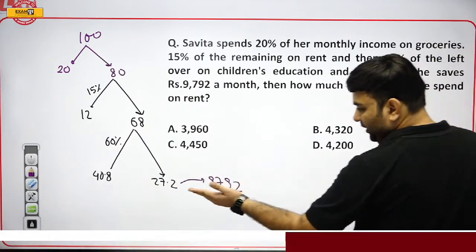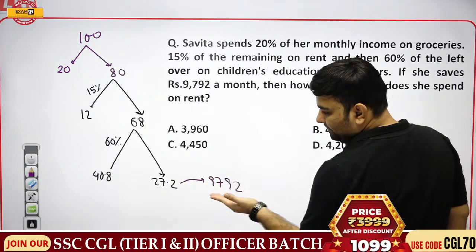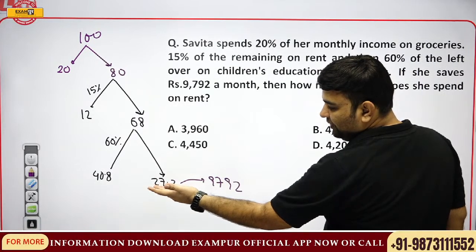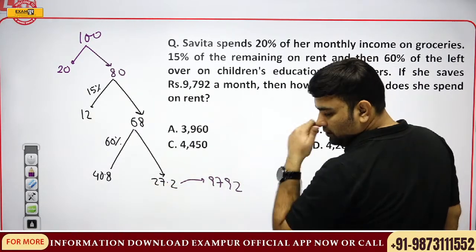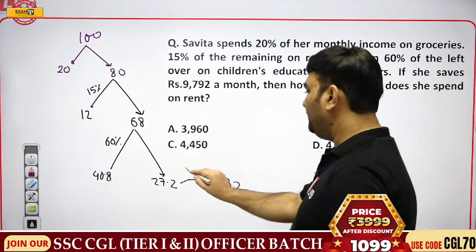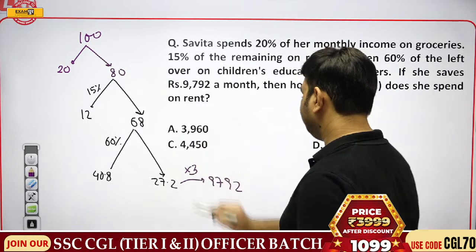Guys, can it become a multiplication of 4? No. 27 into 4 will become 108, so it is not 4. It is definitely a multiplication of 3 point something.